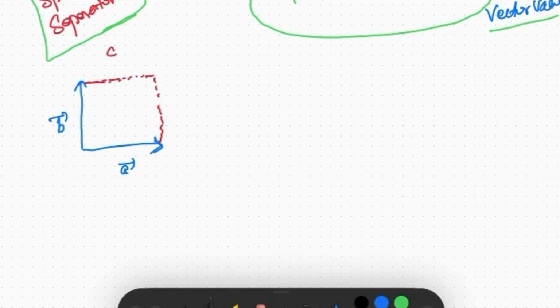So this is going to be my case 1. I have case 2 and case 3 which we will talk about. Let's talk about case 1. The angle between them, because they are perpendicular to each other, is obviously 90 degrees.